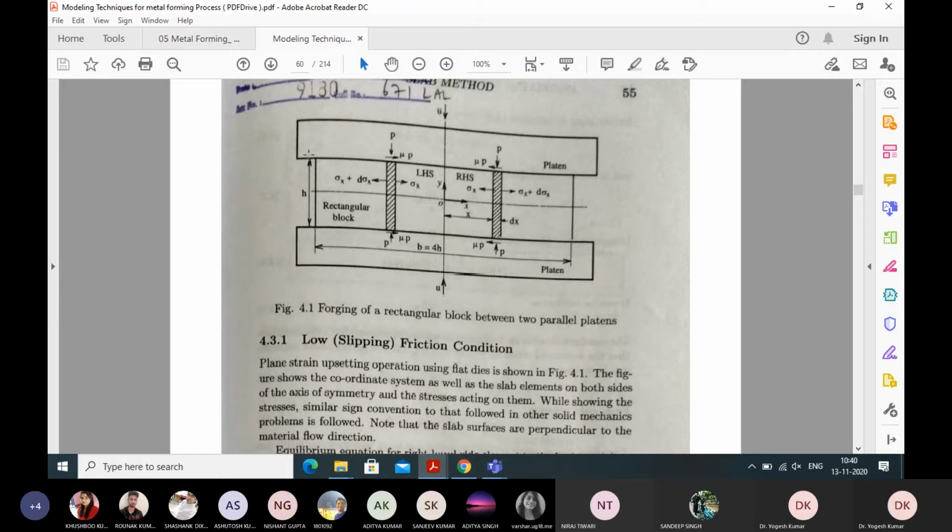There is a rectangular block which is under the forging process.